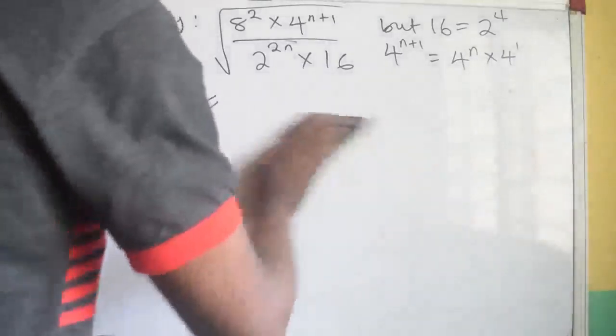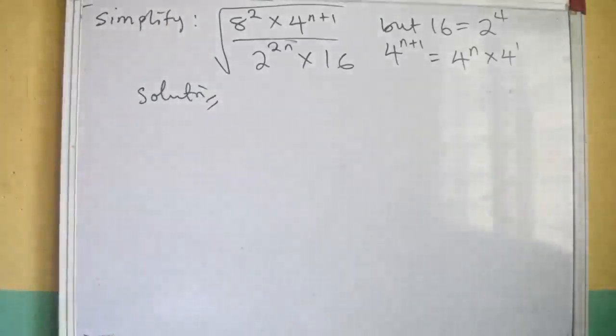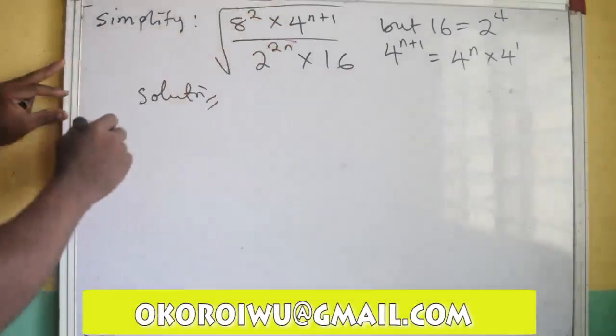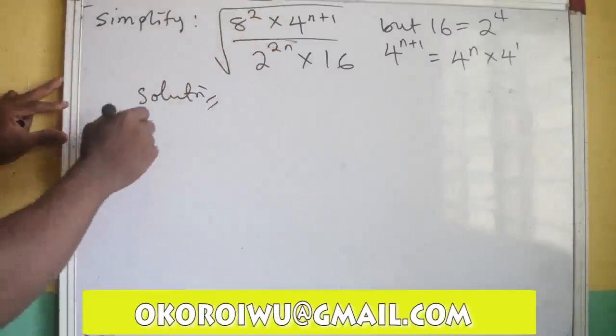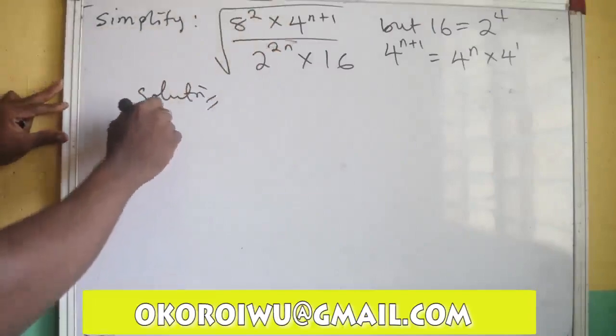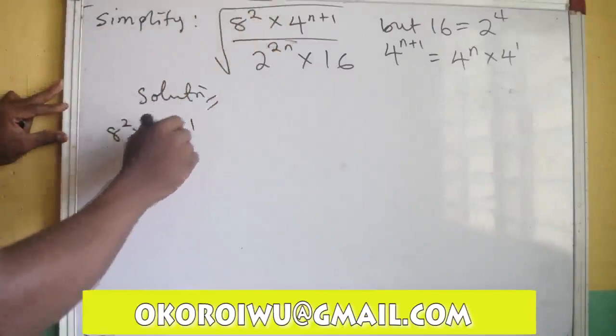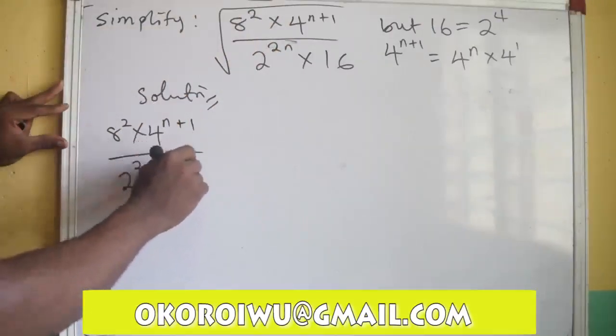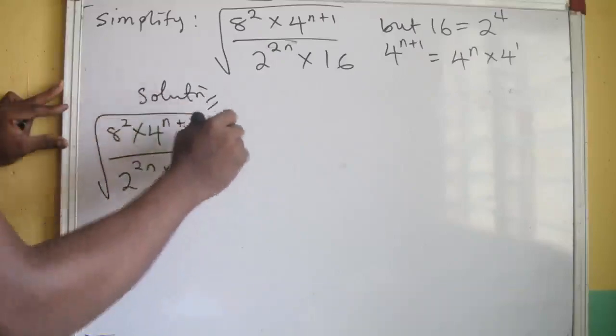So let me clean this and give more room to what I have on board. So this guy could also be written as 8 squared times 4 raised to the power n plus 1 all over 2 raised to the power 2n times 16, all in square root.